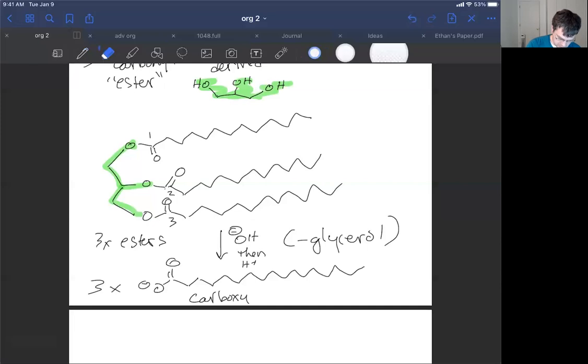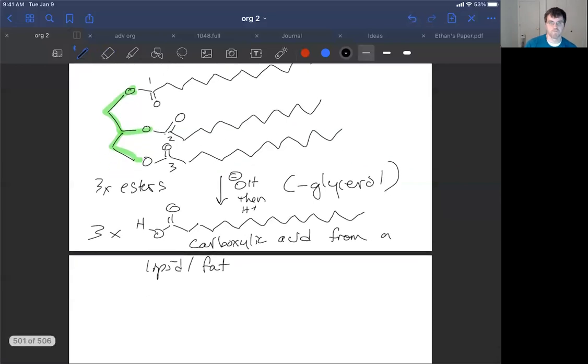And that means I'm going to cross out this negative and just make it an OH. So this is a carboxylic acid from a lipid or fat.